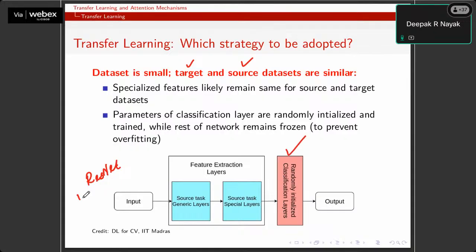Because ResNet was designed for 1000 class classification and you are right now solving a 5-class classification problem. So the last layer contained 1000 neurons in the case of ResNet. I want to use this ResNet to solve my 5-class classification task, but because the last layer contains 1000 neurons, I have to remove this last layer and insert a new layer having 5 neurons.